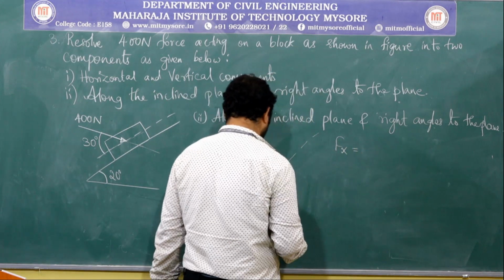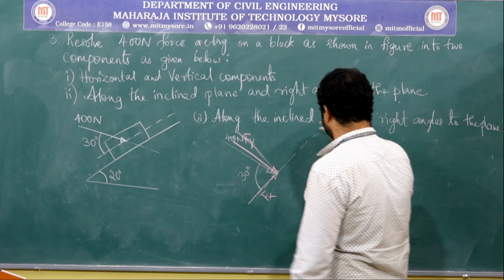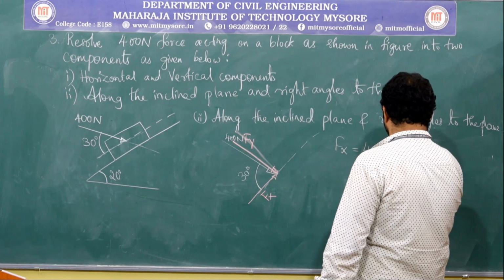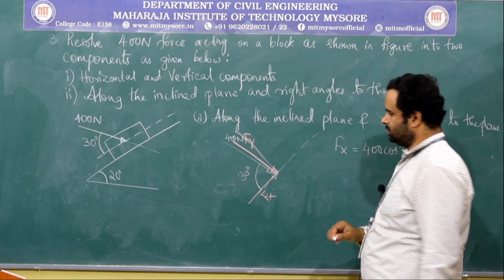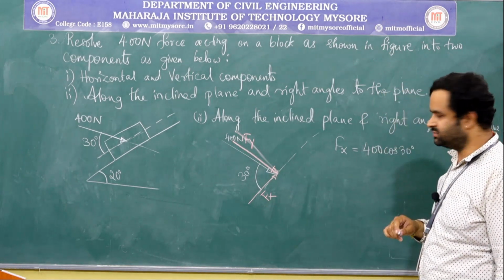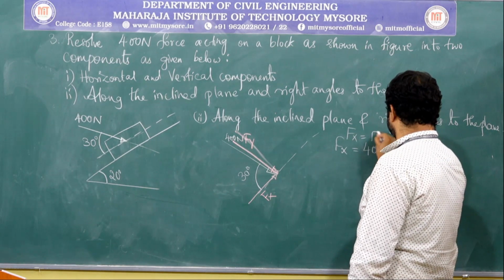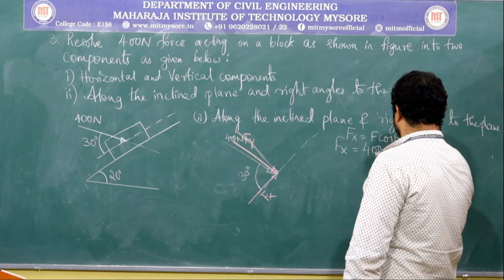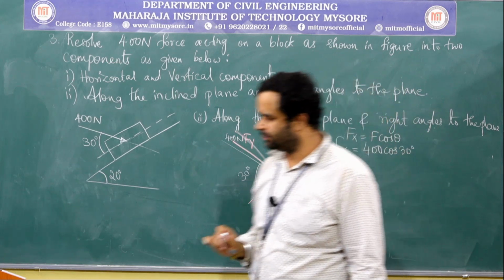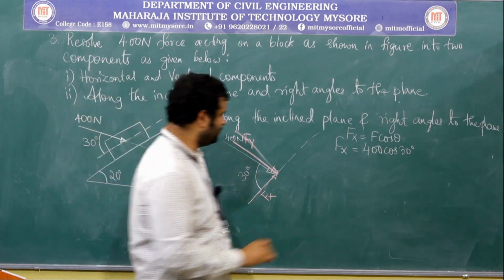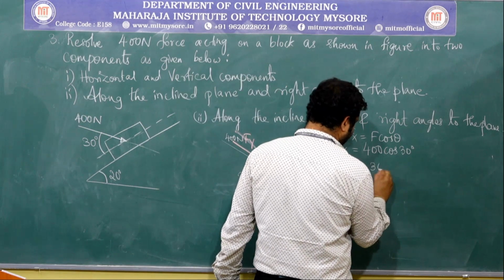Fx is equal to, that is along the inclined plane, 400 cos 30 degrees, and it is measured towards right, sign is positive. That is, I can write Fx equals to F cos theta, 400 cos 30, that is equal to 346.41.